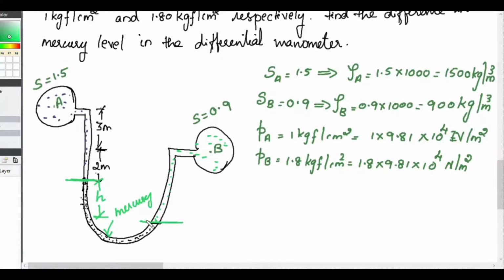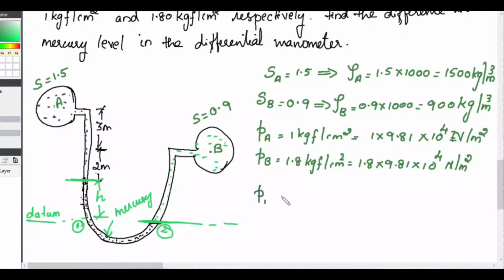Now, let us take the bottom level of mercury as the reference. When we take the bottom level as the datum, we take this point as 1 and this point as 2. We know that along a horizontal line, the pressures will be the same.